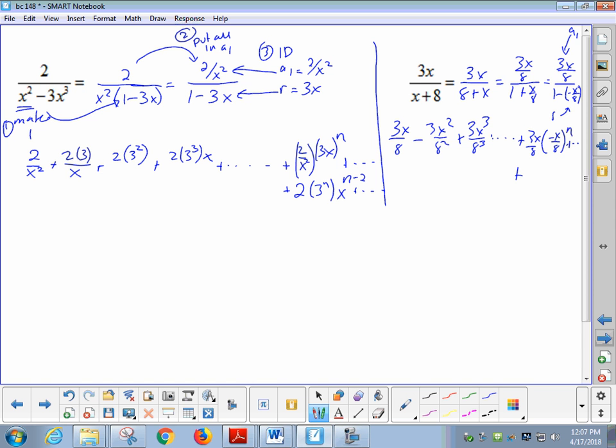So, the x and the negative are kind of two separate bags, yeah? So I'm going to separate the negative. -1 to the what? To the n.